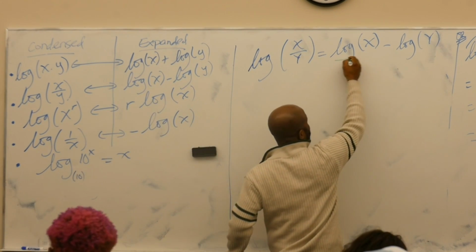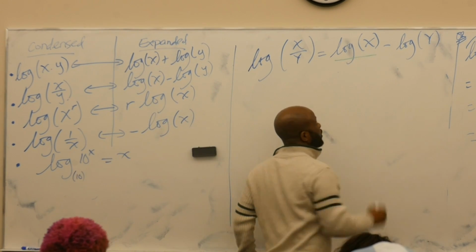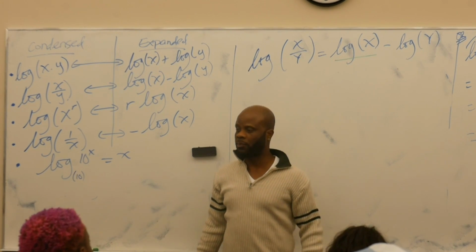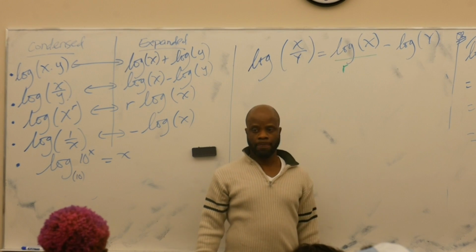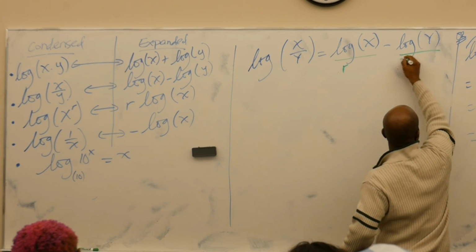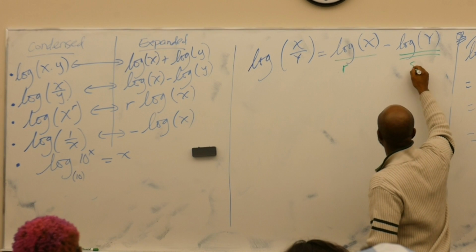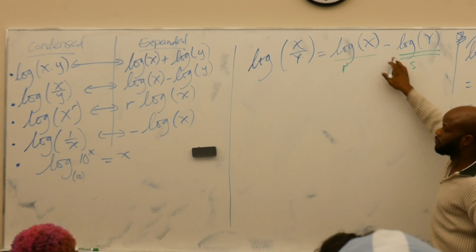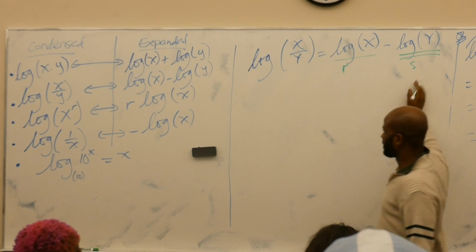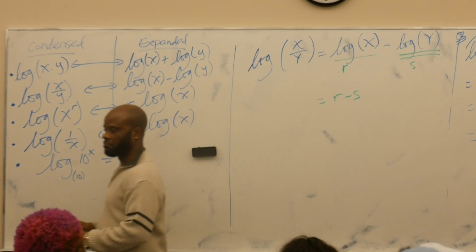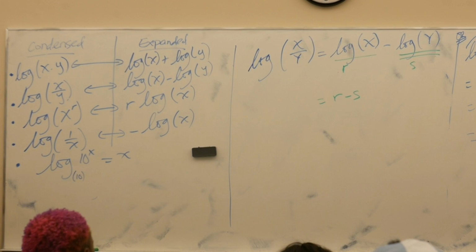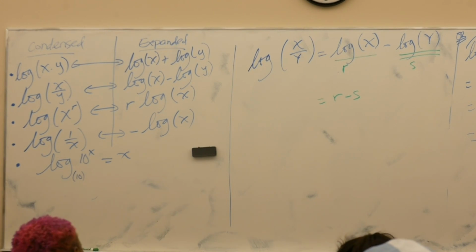Well, the instruction says everywhere I see this whole thing, log x, what does that represent? R. And then everywhere I see log y, what does that represent? S. So now I got R minus S. That's the answer. Now this thing is in terms of R and S. That's it.